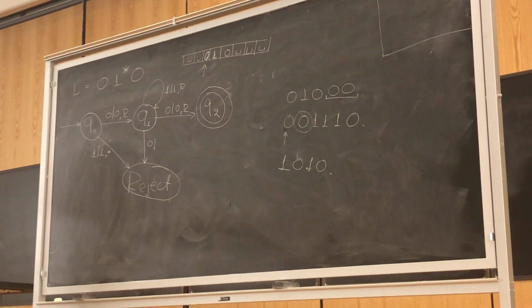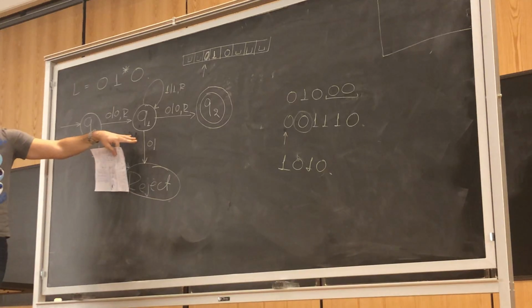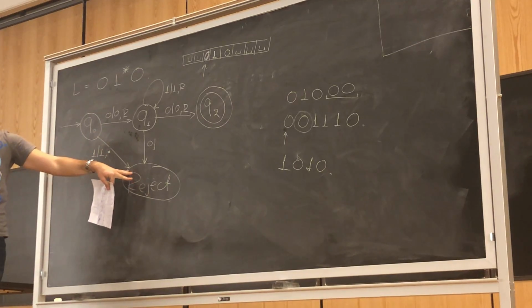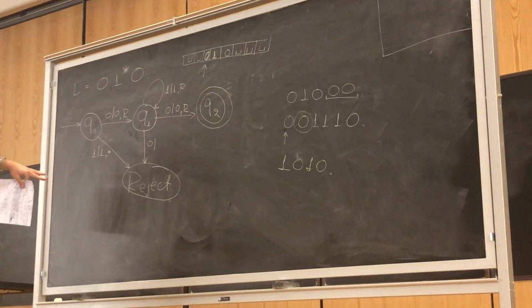I think when you're at Q2, if you get a 0 or a 1, then you go. We just want to define what happens here if you get the first 0 and then it's followed by the second 0. If it's followed by a second 0, then it's fine. 0, 0 is fine as long as after the first 0 the sequence is okay.